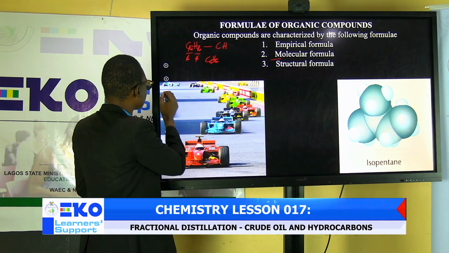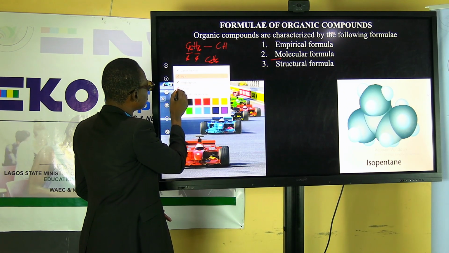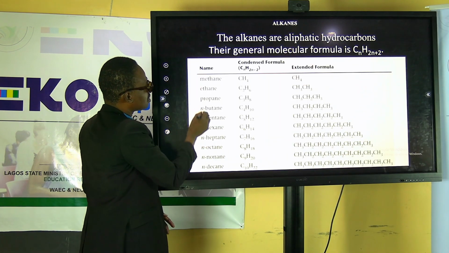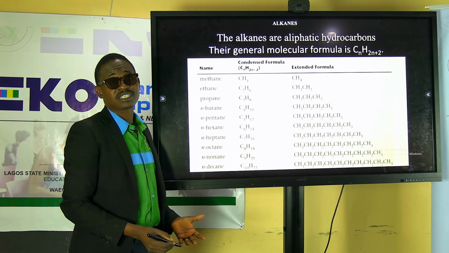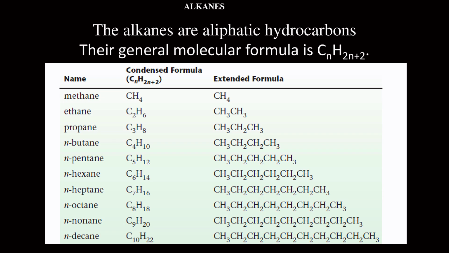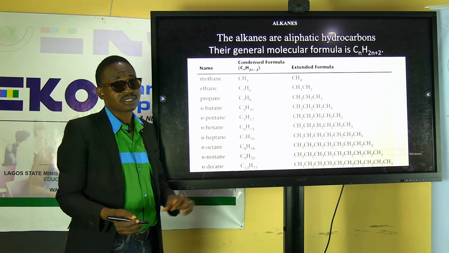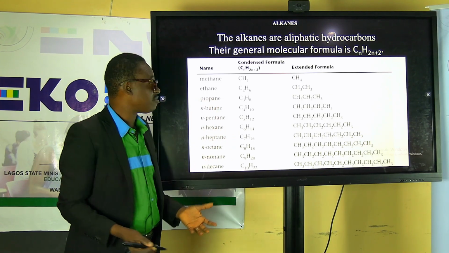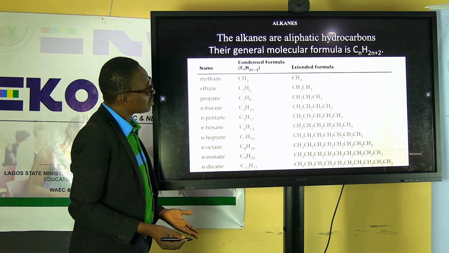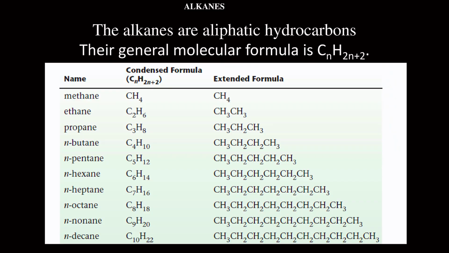We need to go into structural formula. So on this note, I need to move very fast. Okay, fine. So the first member I pick here is alkanes. I'm basically just going to talk about the empirical or molecular and structural formula. So in this particular case, what you are seeing here is their condensed form and their what?